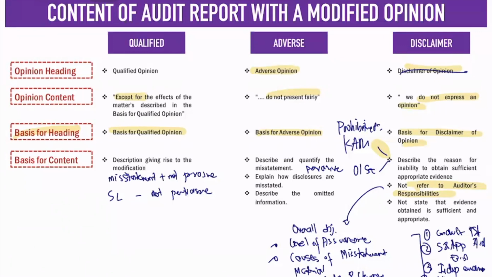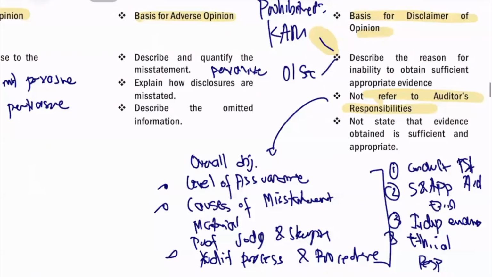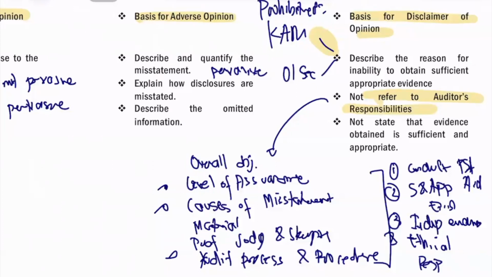So generally, you don't refer to the normal auditor's responsibility, because you were not able to obtain sufficient and appropriate audit evidence. Therefore, you cannot provide a level of assurance. You cannot look into the causes of misstatement, your judgment and skepticism, your audit process. So you conducted the audit based on the PSA, you did not obtain sufficient and appropriate audit evidence, and lastly, you still have auditor independence and are still compliant with ethical responsibilities.